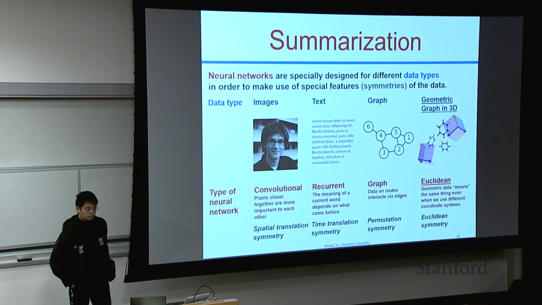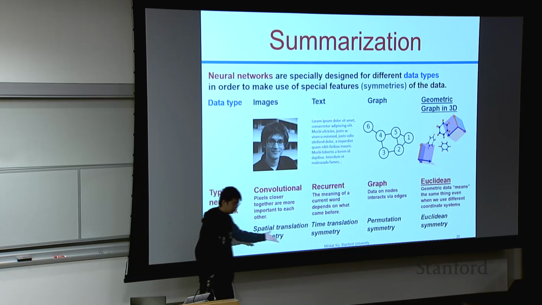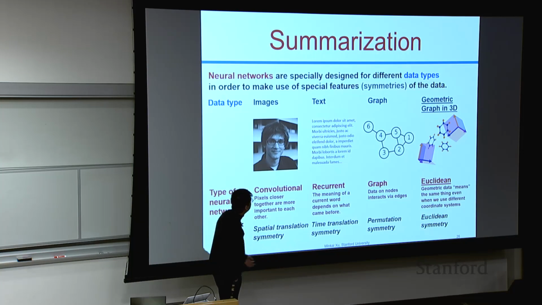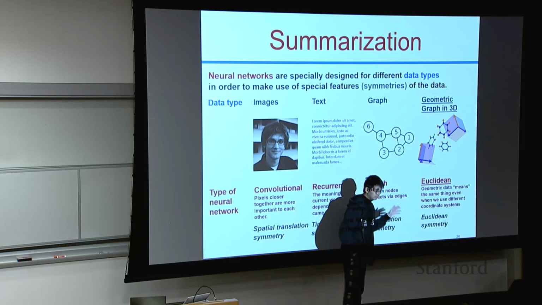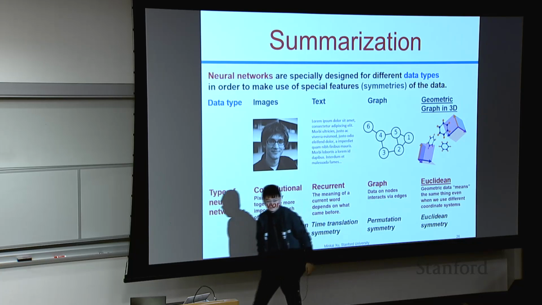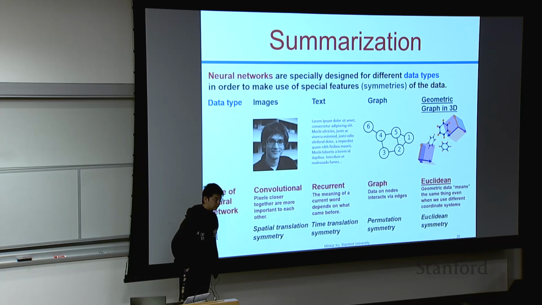Okay, a summary of all the data and the symmetry we need to consider. Here is a lot of content, but maybe I can concentrate on a graph to make some analogy. A graph actually has a permutation symmetry group.